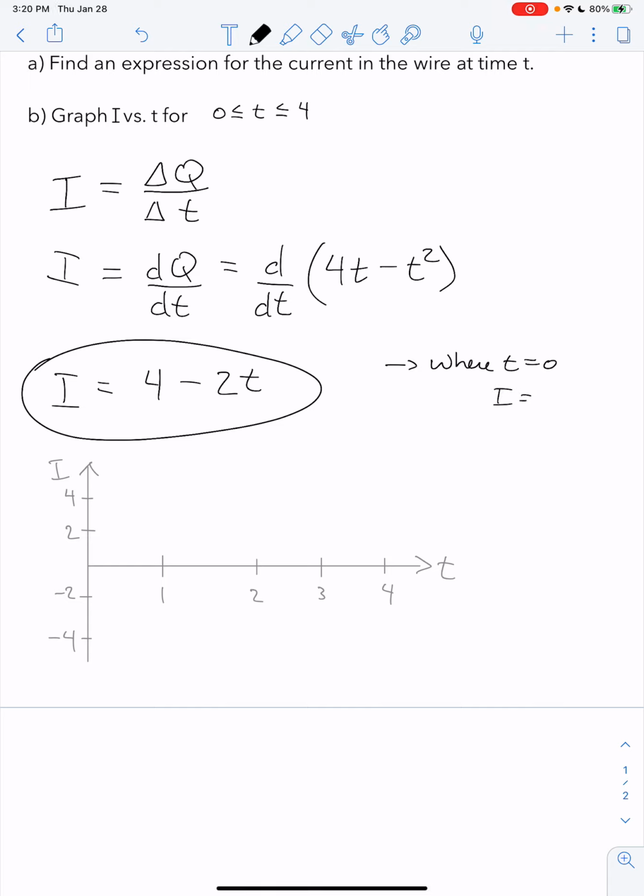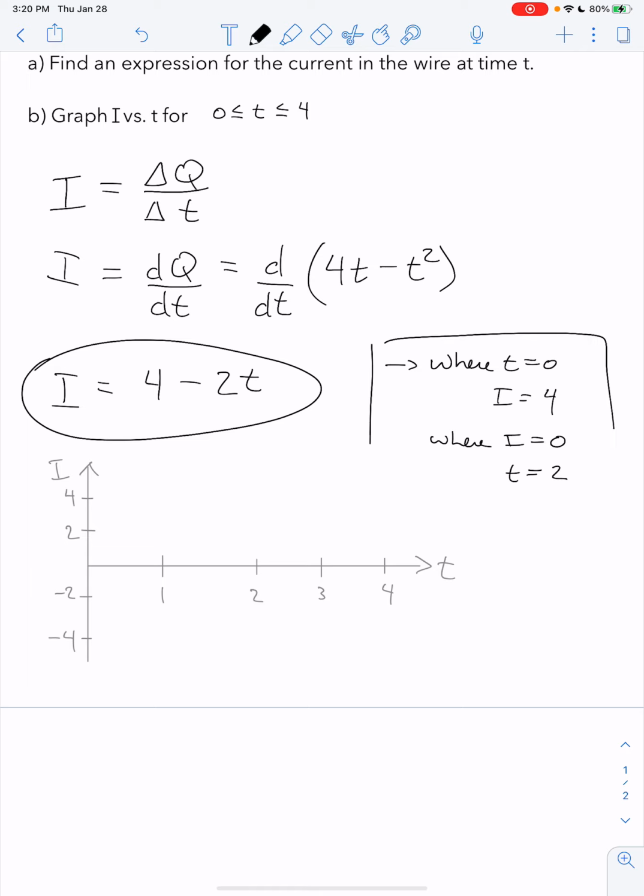If t is equal to 0, then I is 4. And we could say, well, where I is equal to 0, what's t? Well, if I is equal to 0, then we can bring the -2t over to the other side. We get 2t is equal to 4. And so that happens when t is equal to 2.